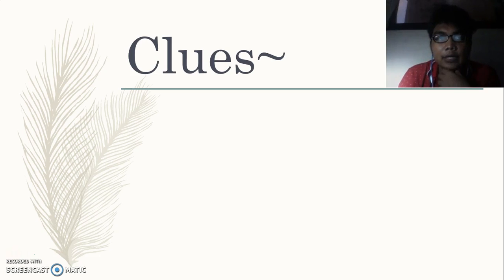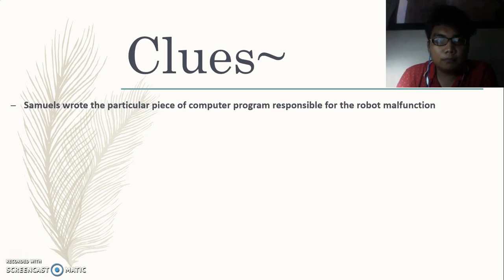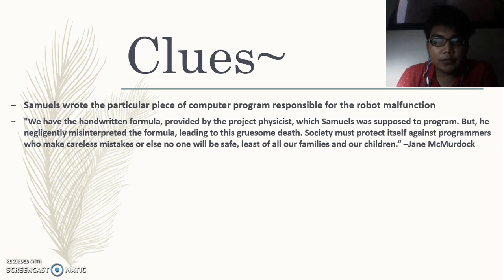So while I was reading, I gathered clues that I will share with you guys. These first two statements just show that Samuel is the main reason why Bart Matthews died, because he wrote the particular piece of computer code that is responsible for the robot malfunction.